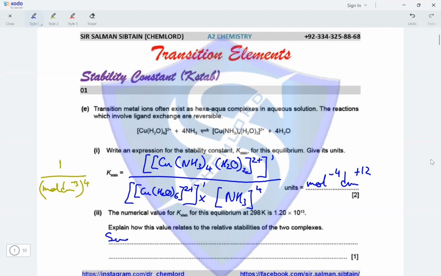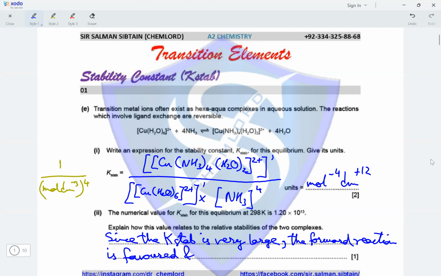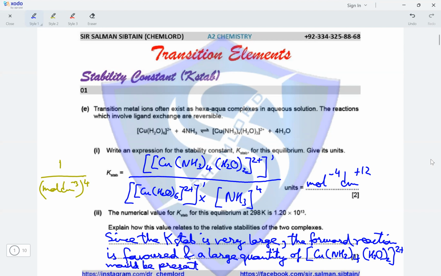So, since the K stab is very large, the forward reaction is favored and a large quantity of Cu(NH3)4(H2O)2 2+ ion would be present at equilibrium as it is very stable.